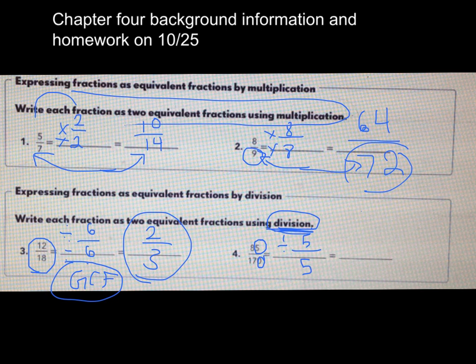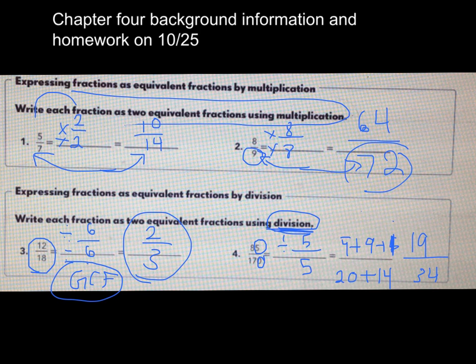Now 5 goes into 70 14 times, so that would be 34. 5 goes into 95 another 9 times, and 1 time, which would give us 19.